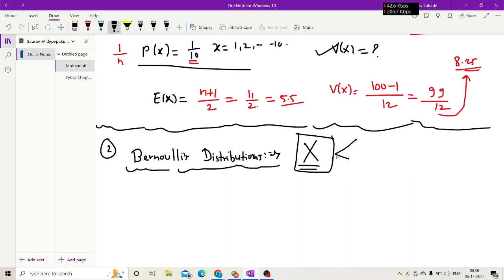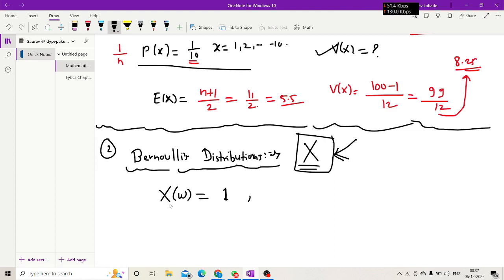When will this be a Bernoulli random variable? When it follows these two conditions. Which ones? First, this particular random variable, suppose I am considering x of w, this will be 1 when the outcome of w, or of the random variable, is a success.